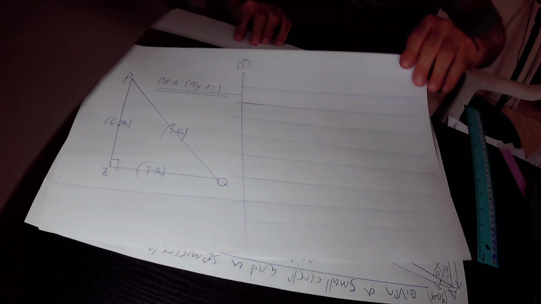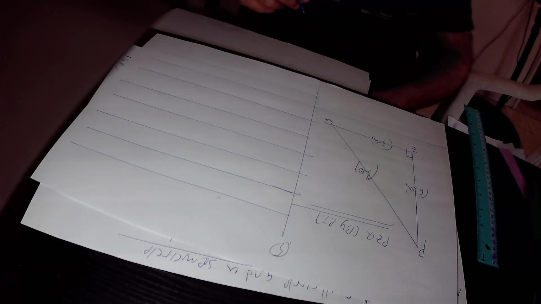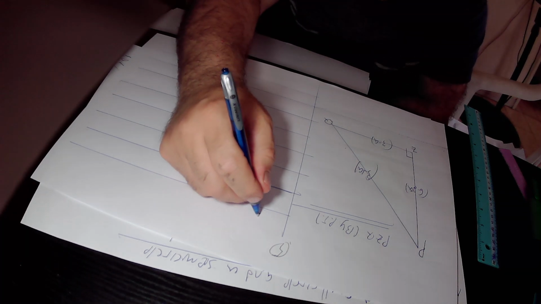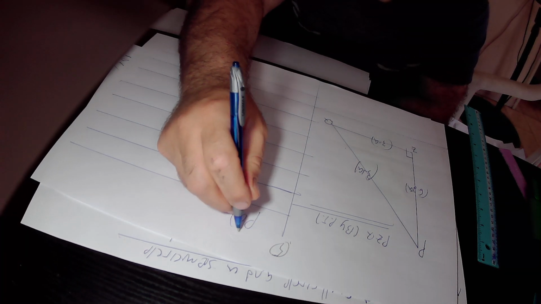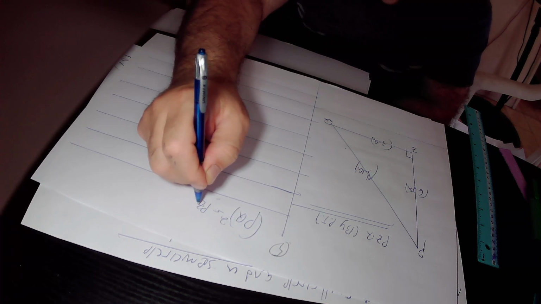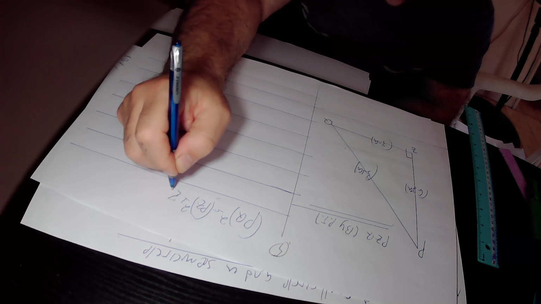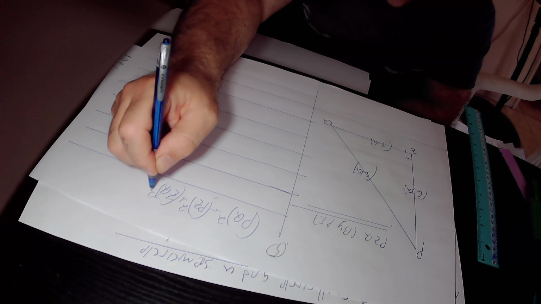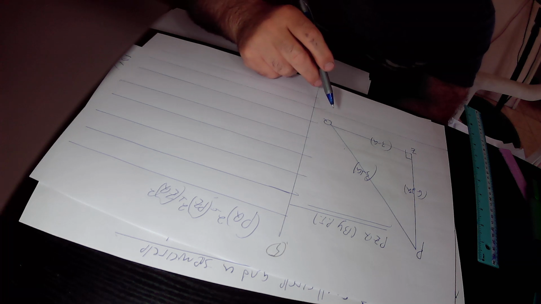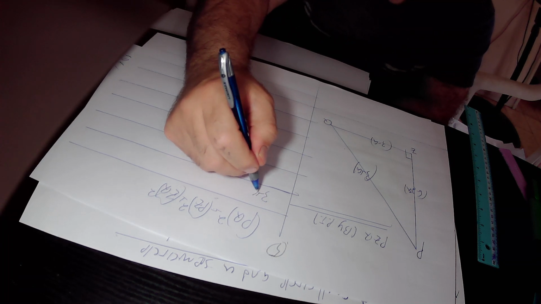Again, PQ squared equals PZ squared plus ZQ squared. So write it down. PQ squared, that is the square of the hypotenuse, must be equal to PZ squared plus ZQ squared. The hypotenuse PQ is 3 plus a, therefore PQ squared is (3 plus a) squared.